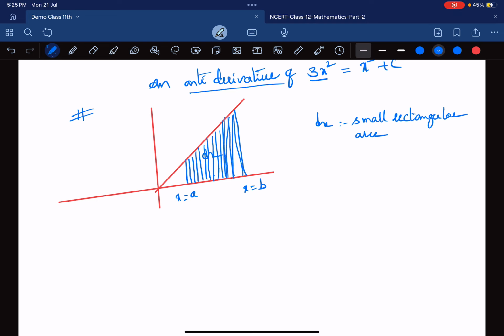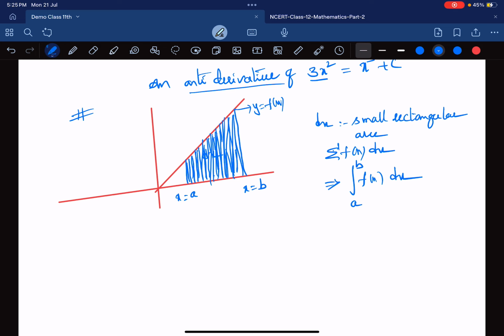Adding this total area, we call it a summation. So this is the curve, y equals f of x, a line or curve. Adding the dx areas, that is the summation of f of x, can be written in the symbolic form of integration: integral of f of x dx from a to b.